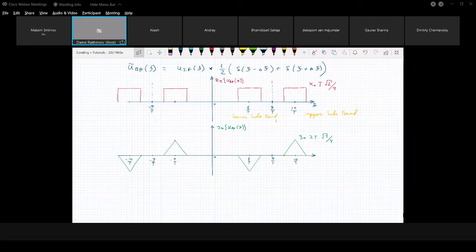Again, assume that the final bandpass signal u_bp(t) shall not contain spectral components below frequency 9 over T. Typically, what must be done with our signal on carrier frequency? A very simple answer. If you don't need some spectral components, what's your action? Filter, that's all. Apply a bandpass filter.